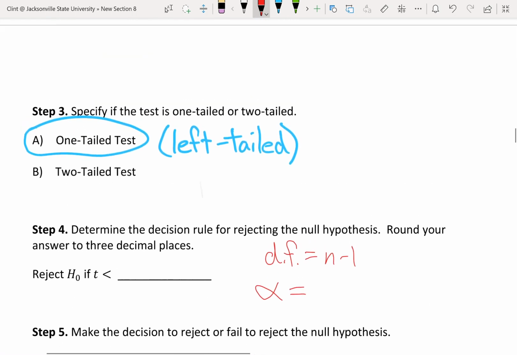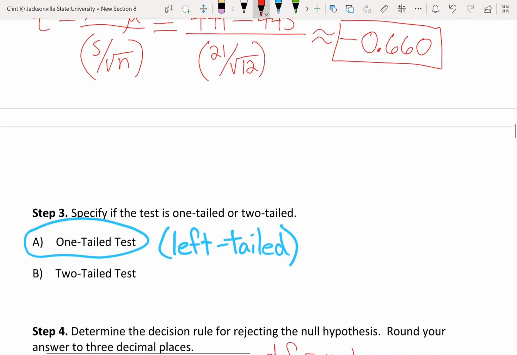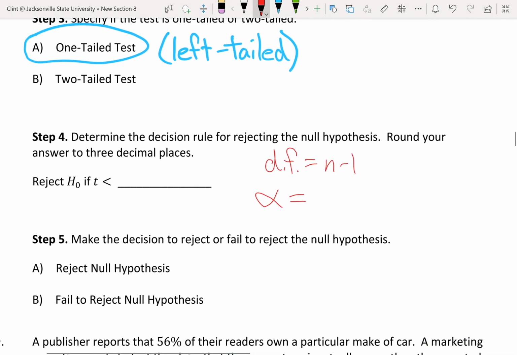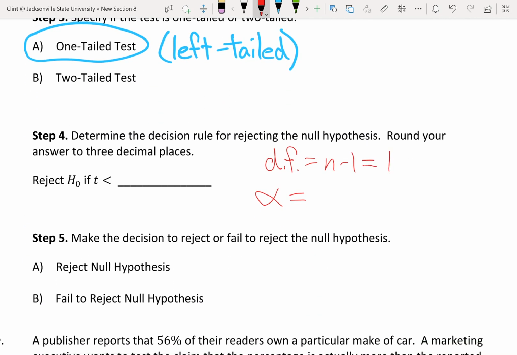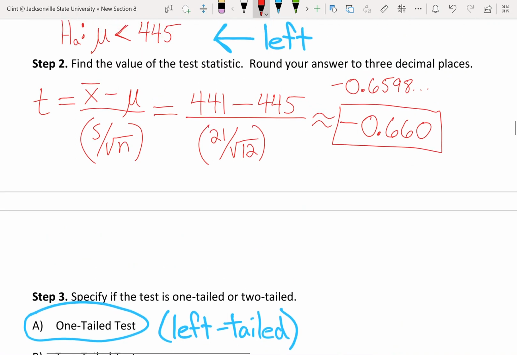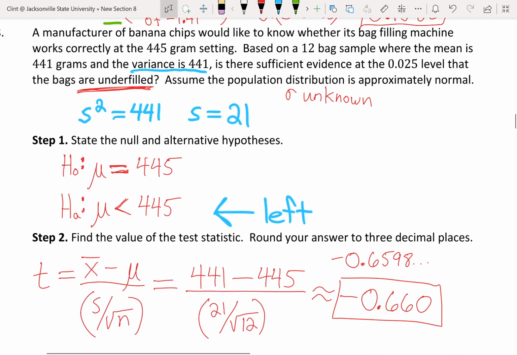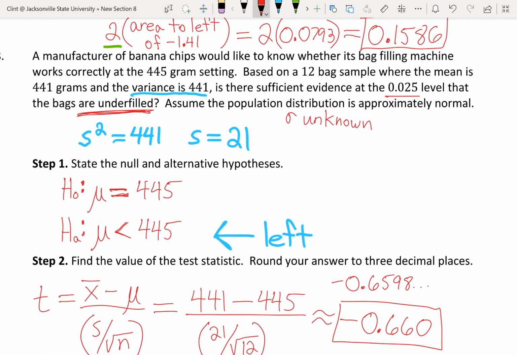So our sample size was 12. So we'll have 11 degrees of freedom. And then our significance level, what did it say? Is there evidence at the 0.025 level?